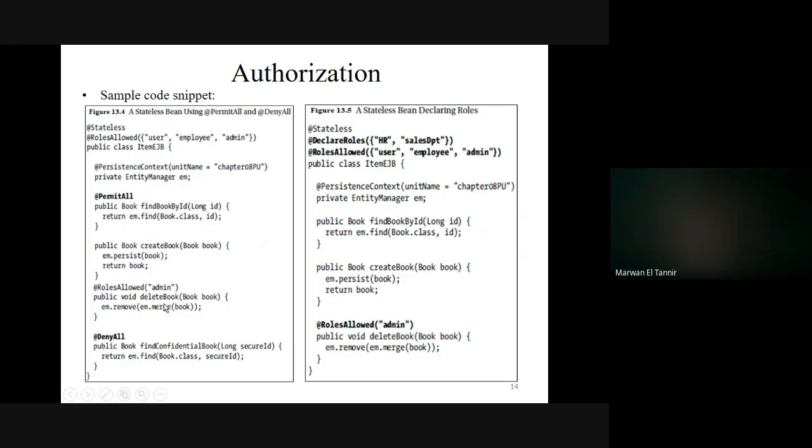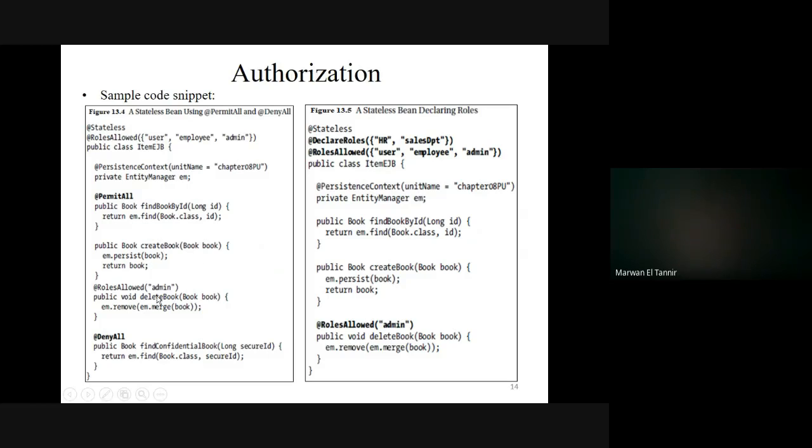So we annotate this method with roles allowed admin. So even though the 3 roles can use this bean, only users with role admin can invoke the method delete book. So this is how we annotate.